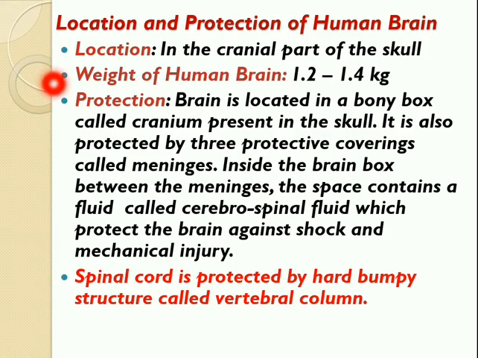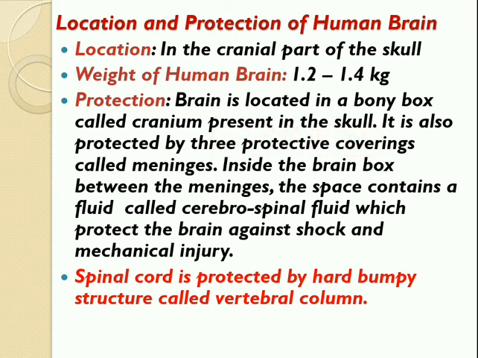The weight of the human brain is 1.2 to 1.4 kg, and it is protected by cranium located in the skull. This cranium is a bony box in which brain is located and protected in the skull.